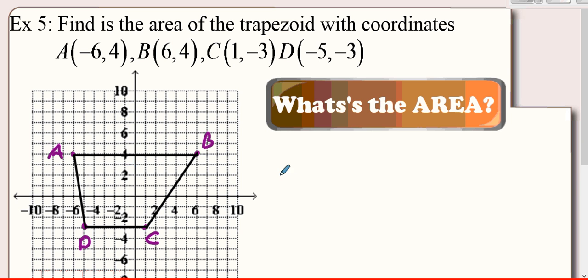So the area, 1/2 the height. Height we have to measure straight up and down. The height is 7. And then base 1 and base 2.